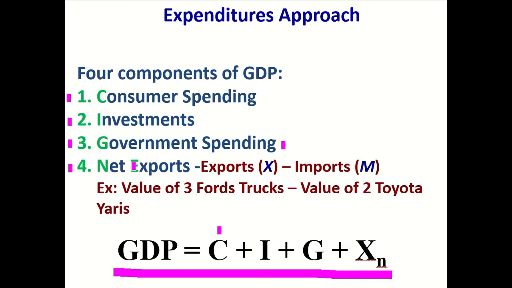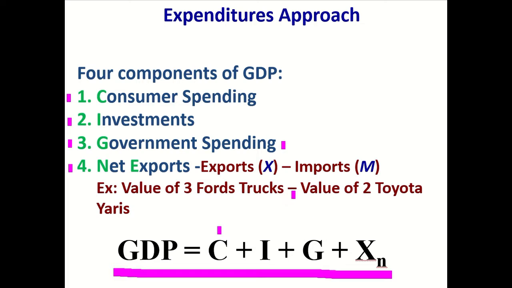And then we have net exports. Net exports can be a positive number or a negative number. For example, in the United States, we usually have a negative, what we call a trade deficit or a negative trade balance, meaning we import more than we export. So in this example, say the value of 3 Fords is $100,000 and the value of 2 Toyotas is $50,000.